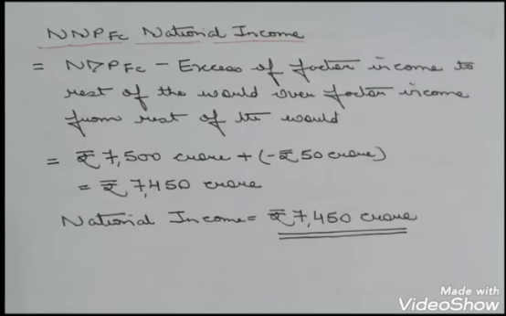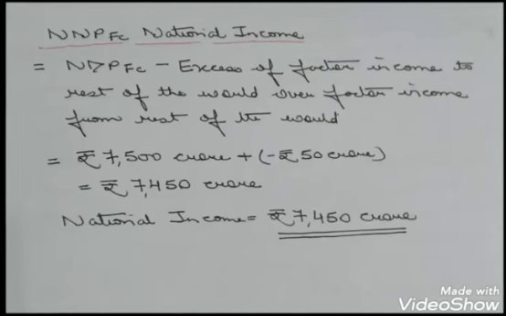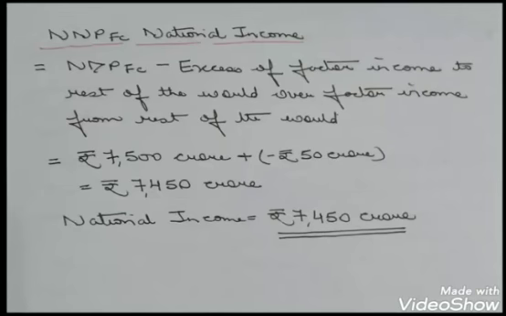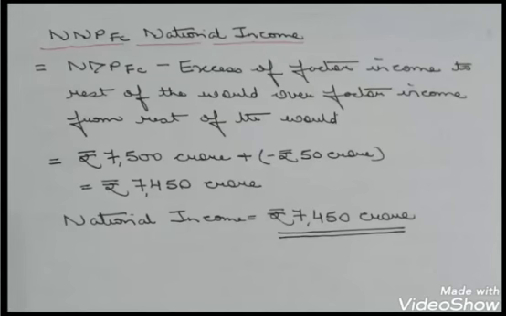So children, this is how you have to calculate the national income. The only thing you are supposed to keep in mind is that you know very well that we add the net factor income from abroad, right? But over here it has been given excess of factor income to rest of the world over factor income from rest of the world, which means what we have paid to the world is more than what we have received.